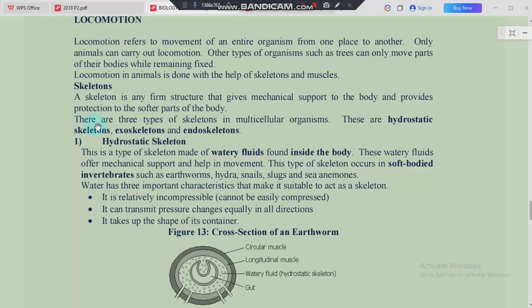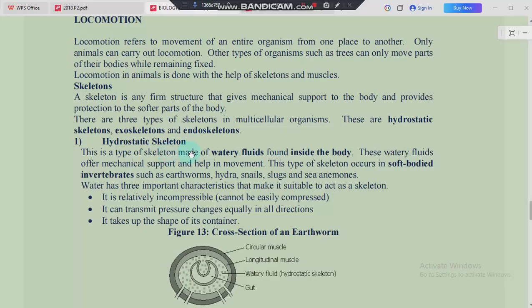Those that have an exoskeleton include insects such as the grasshoppers. And those which have an endoskeleton, the best example we can give is the human beings. So let's talk in more detail about the hydrostatic skeleton.